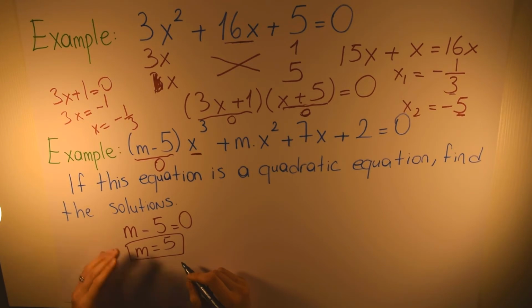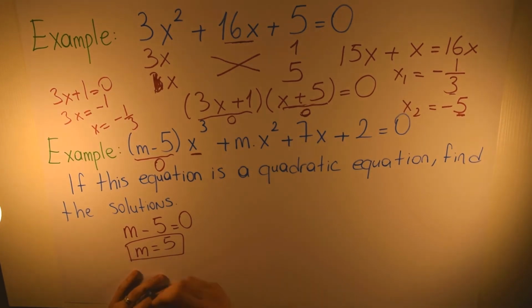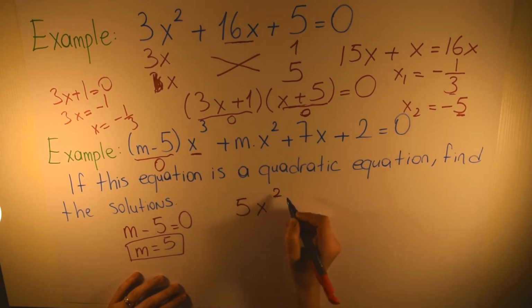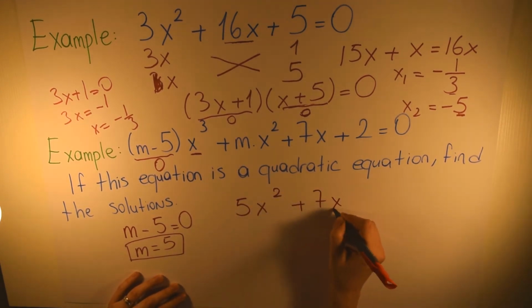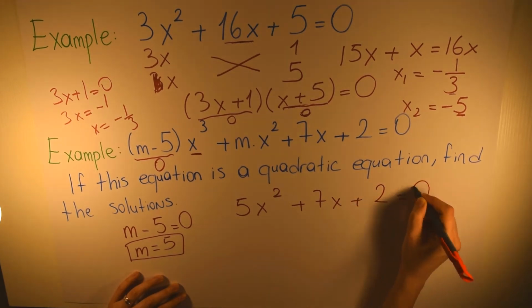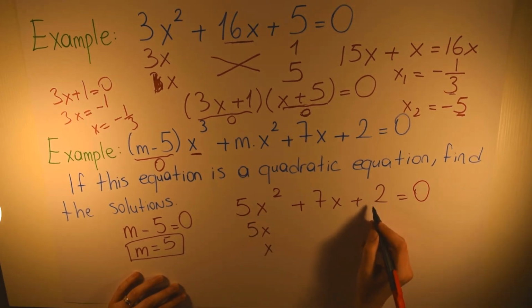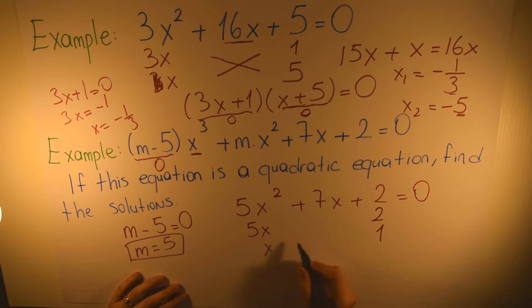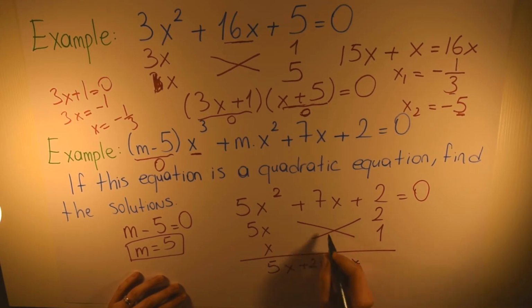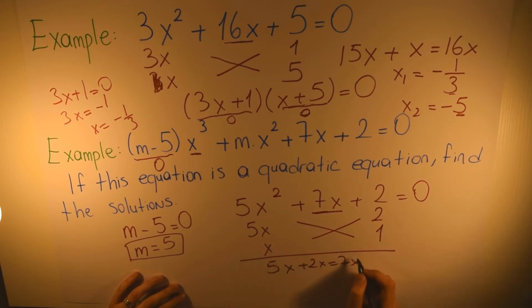Okay, after this everything is the same as we did before. We put m as 5 here. It's 5x squared plus 7x plus 2 is equal to 0. Here we factor 5x as 5x and x, and here this is 2 and 1, right? So when I cross multiply these, I get 5x plus 2x, which is equal to 7x. So we get the right order here.